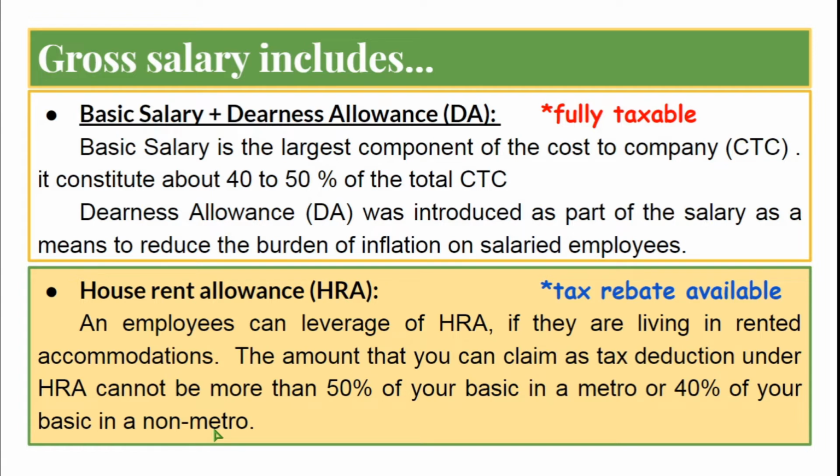Hence, depending on where your workplace is located, this salary component will usually be set at 40% or 50% of the basic salary. However, for government employees, it is set as 24% for metropolitan cities or grade A cities like Delhi, 16% for sub-metropolitan cities or grade B cities, and 8% for urban or grade C cities as of now.